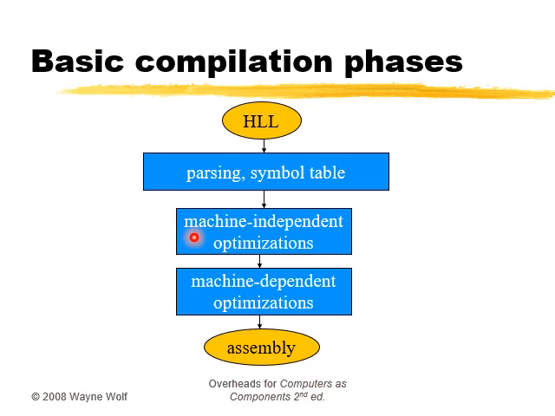So it depends on which machine independent optimization we are performing, either simplifying the arithmetic expression or doing something else. So the optimization varies.